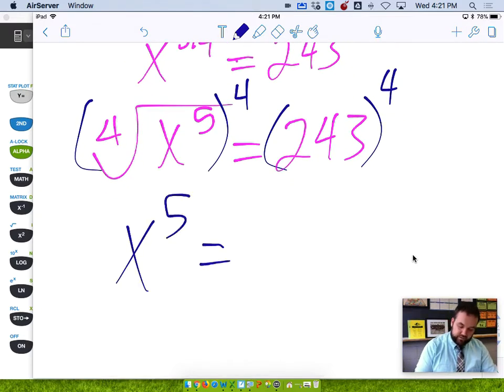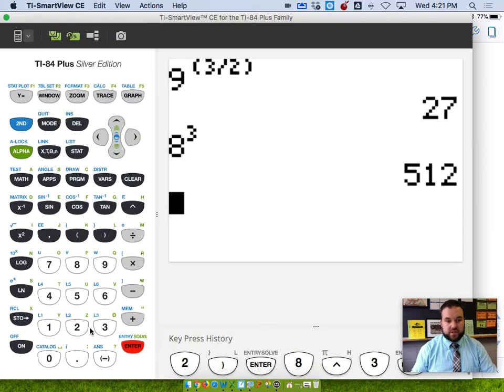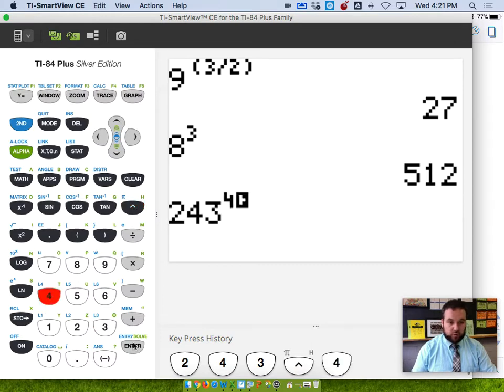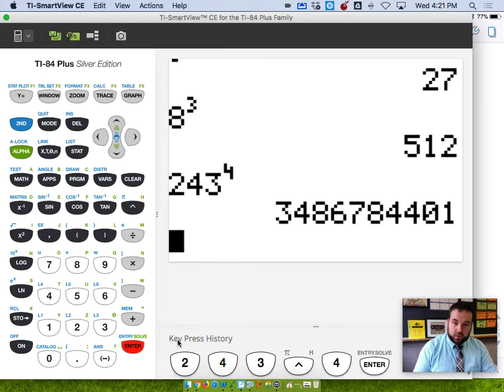So I get x to the 5th equals some gigantic number, 243 to the 4th power. Oh boy, what's that? 3,486,784,401.